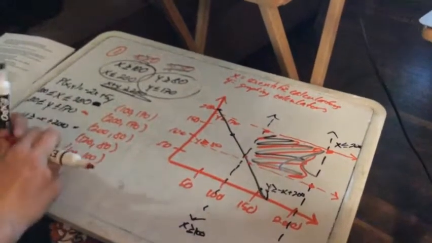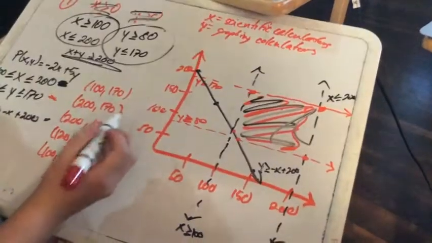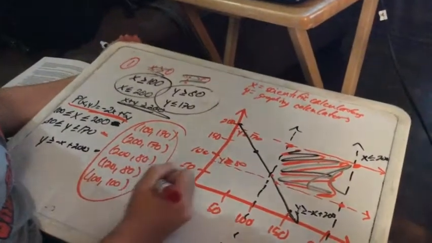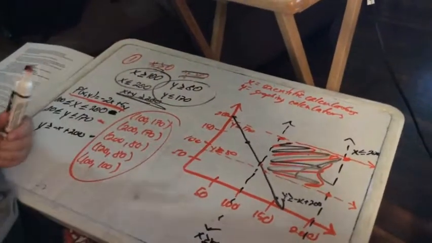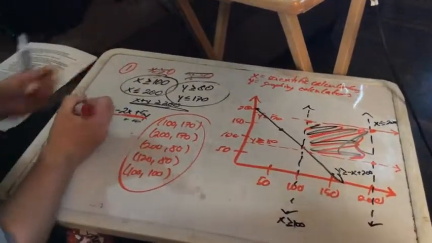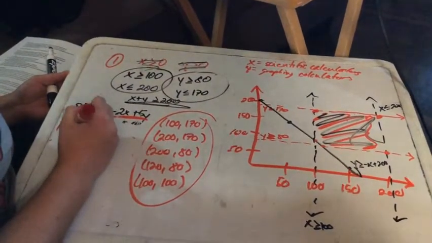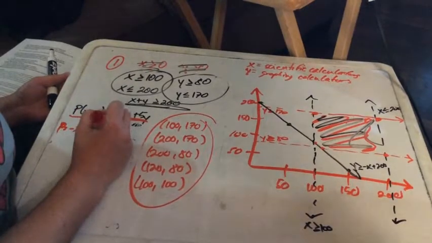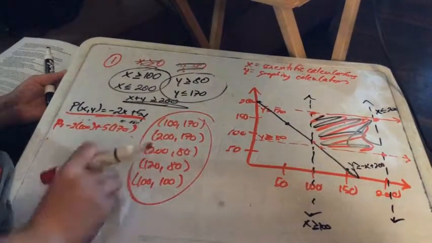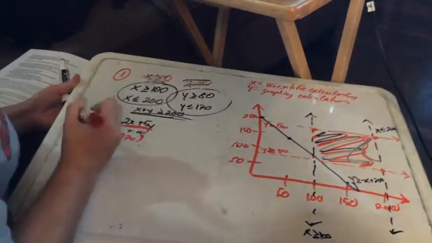So, to find the min and max of this equation, we have to plug our coordinates into our P function. So, I'm going to make some room. So we have P is negative 2 times 100 plus 5 times 170. Okay, got them all down.